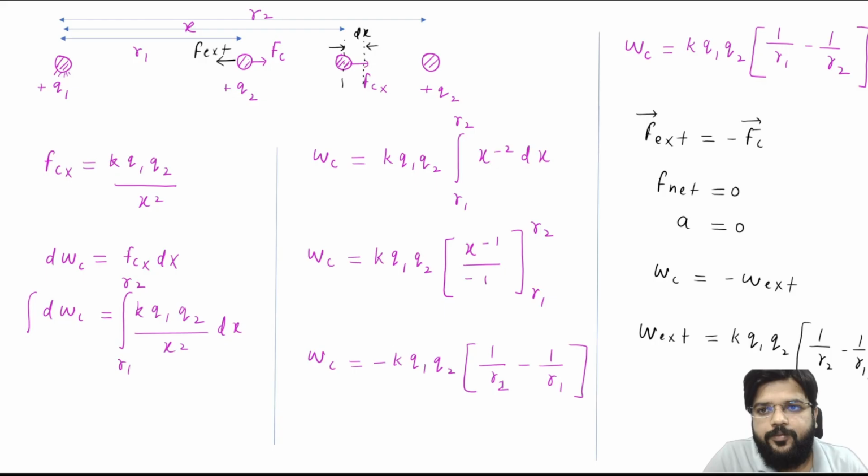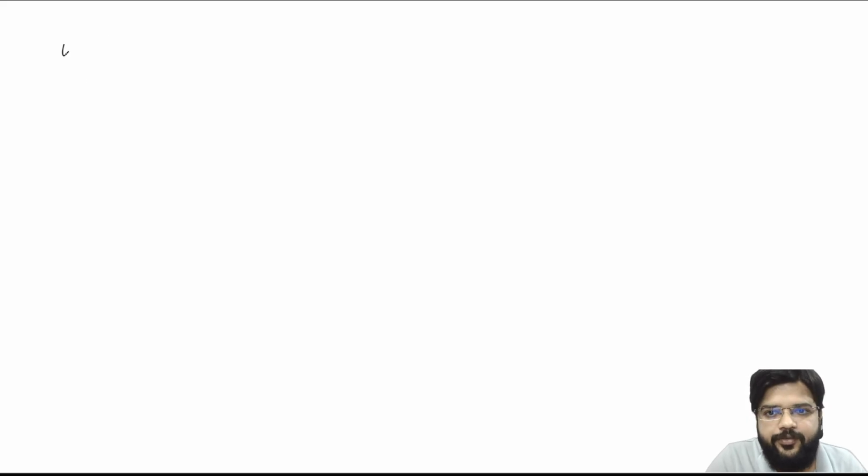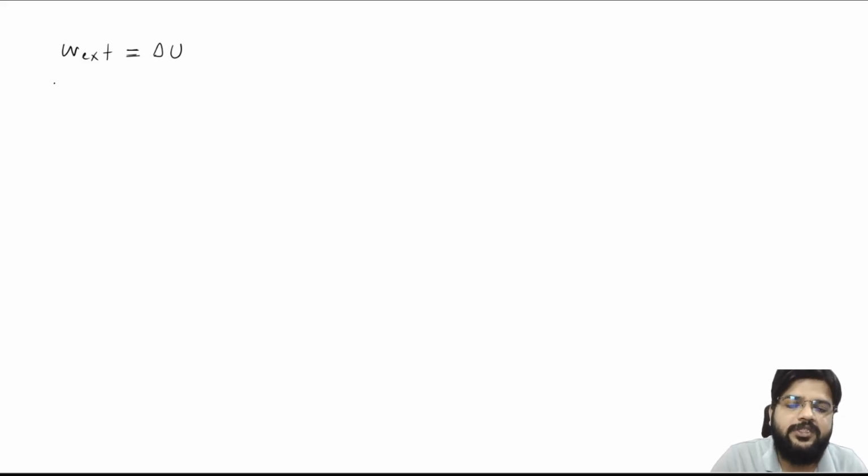We know one more thing, everyone. Let's say new page. We know this thing: work done by the external agent is equal to the change in potential energy, from the work power energy chapter. And the same thing we did in the gravitational chapter also. So work done by the external agent is equal to the change in potential energy, correct?